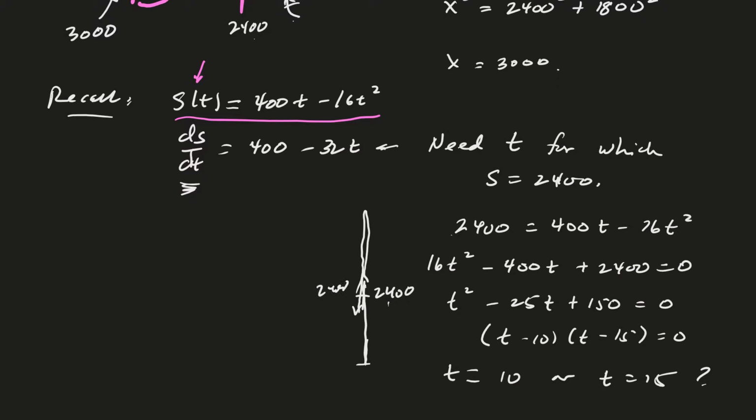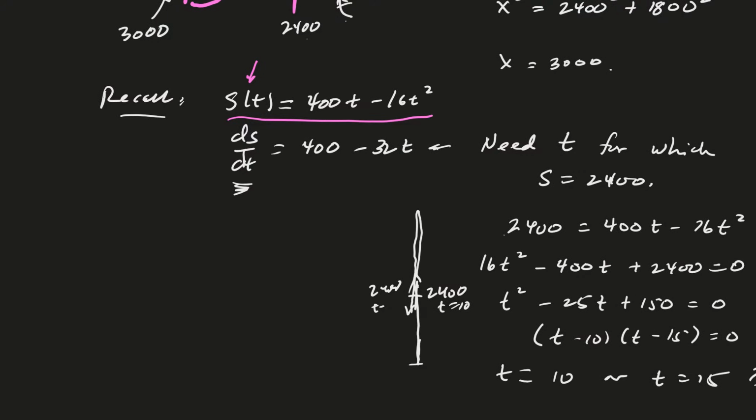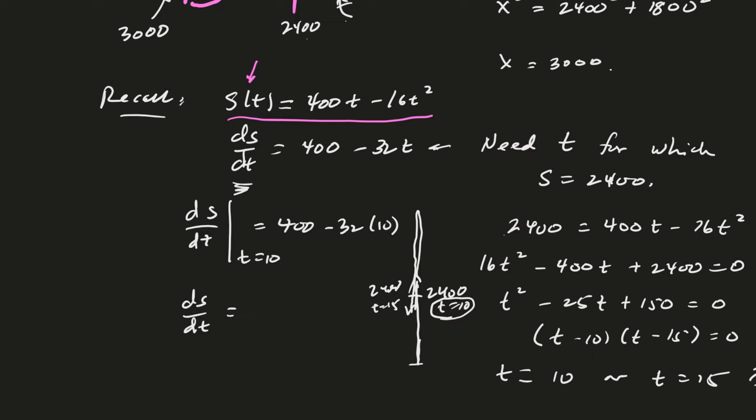So this is going to be time 10 on the way up and time 15 on the way down, right? And so we'll use t equals 10 there. Good. If we plug t equals 10 into ds over dt, then we have 400 minus 32 times 10. And so ds over dt is equal to 80, it looks like, huh?